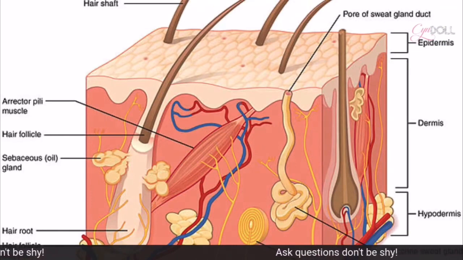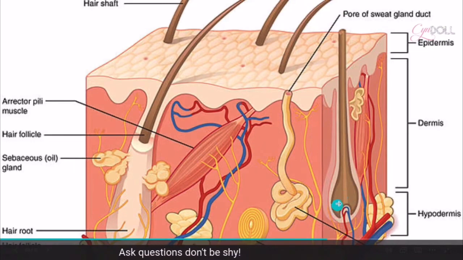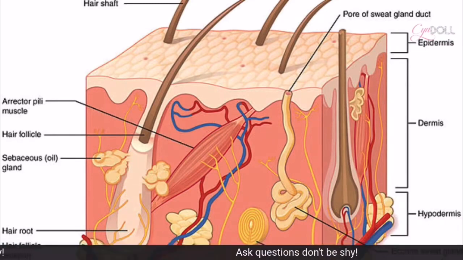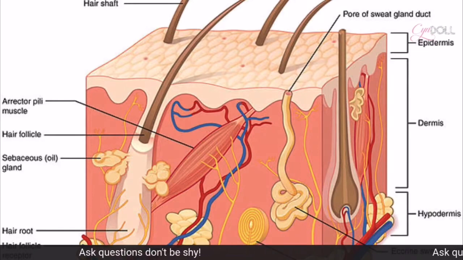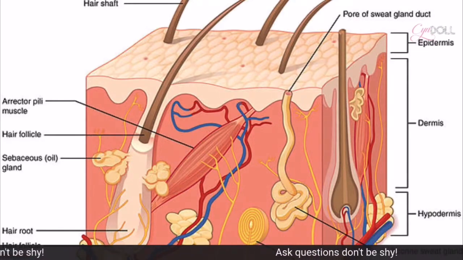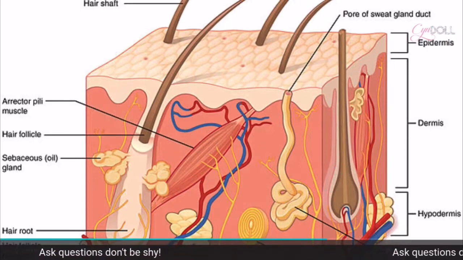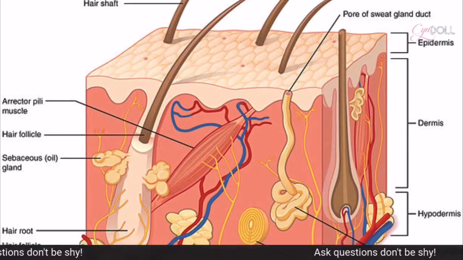Y'all, please hear me. The more it swells and unswells, it starts to irritate this portion here. That's why a lot of women will say, oh, my hair is falling out, it's thinning. And on top of your hair thinning, you also have burning in the scalp, you also have itching, and your scalp is sensitive to the touch. Even touching it hurts. Why? Because your follicle is detaching itself from the blood supply.